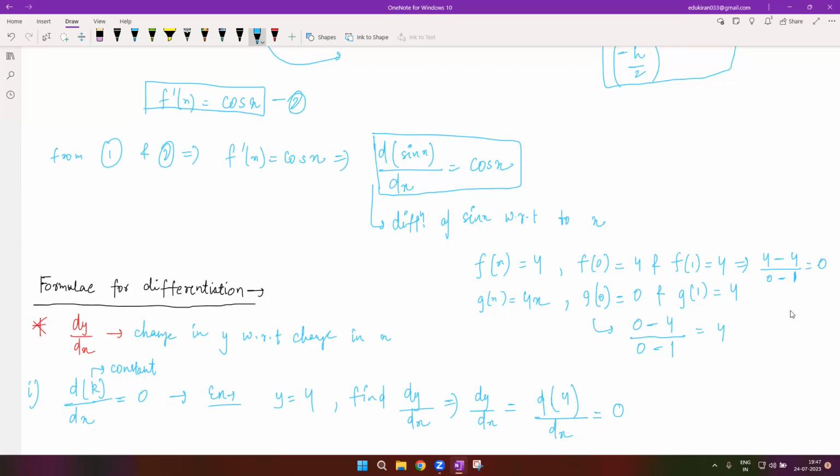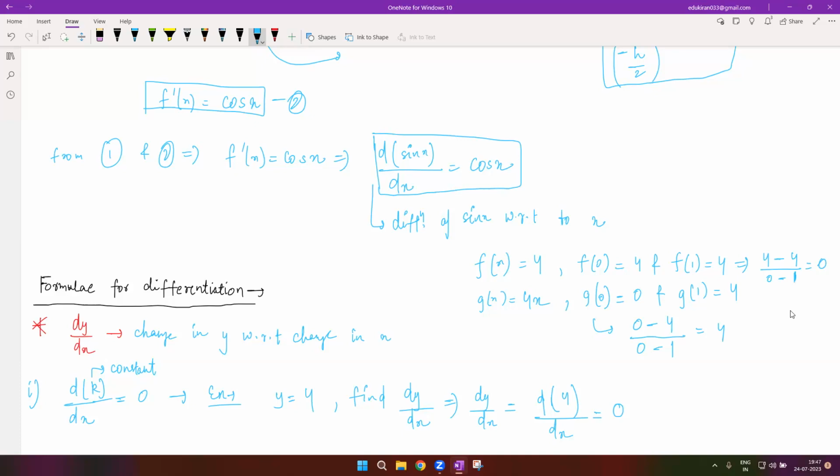We have only discussed the example of g(x) equals 4x, but we could have taken a lot of other equations as well, right? In those cases there may be different changes, but there will be some change. So when I say find the differentiation, we mean that we want to find the change in y with respect to change in x.